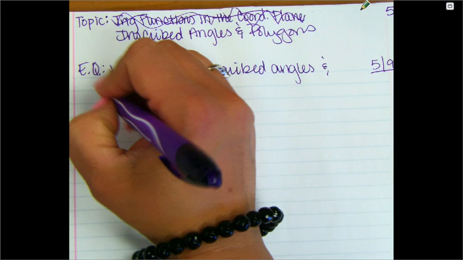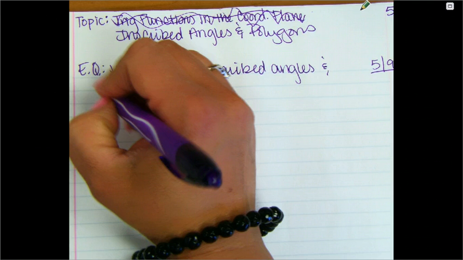Now, we have another word. Intercepted arc. Intercepted arc is the arc that lies on the interior, what does interior mean?